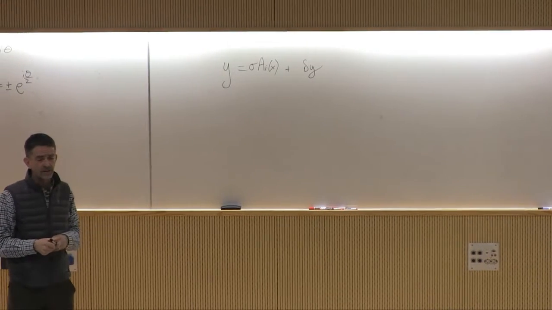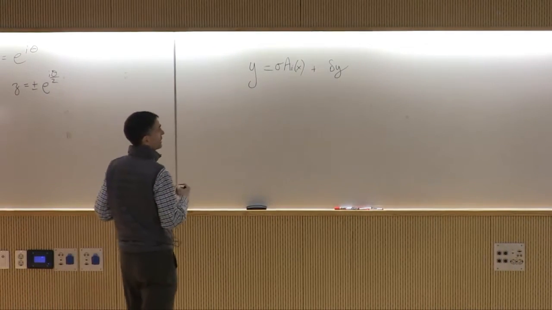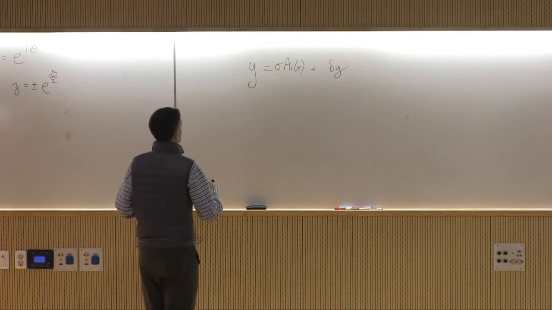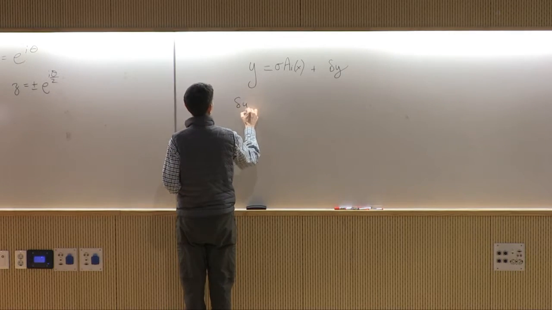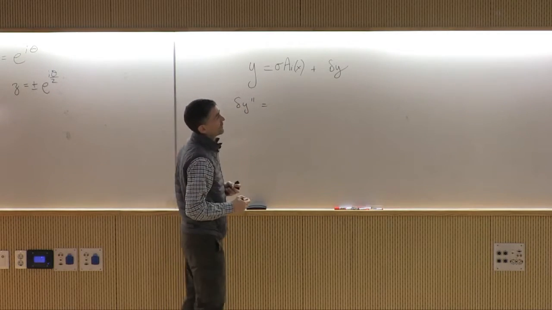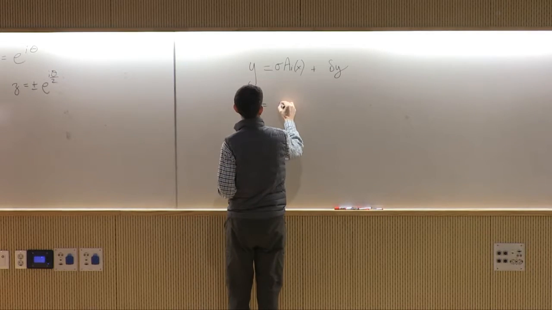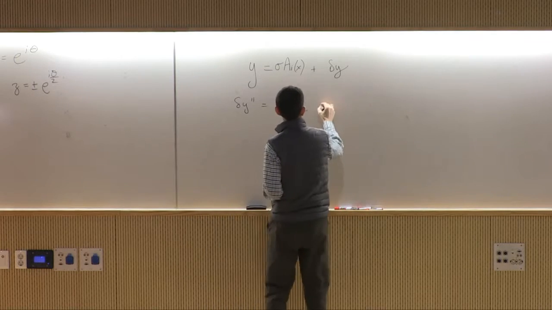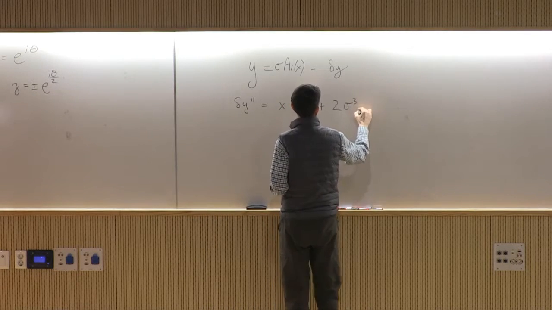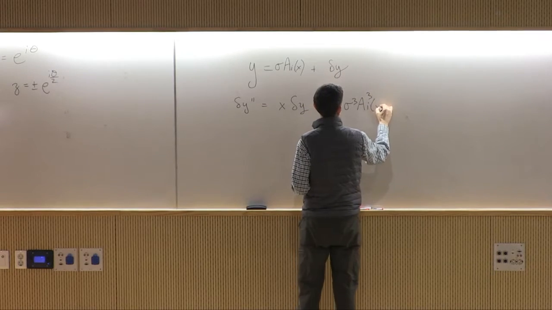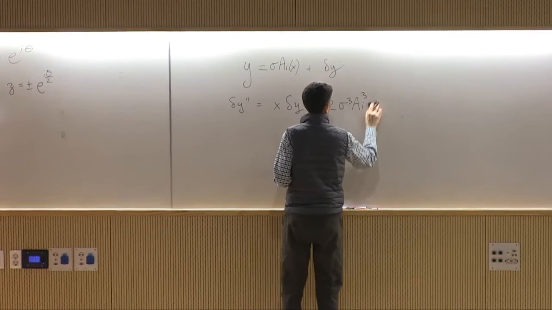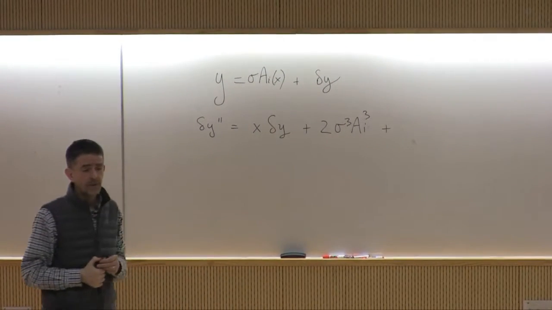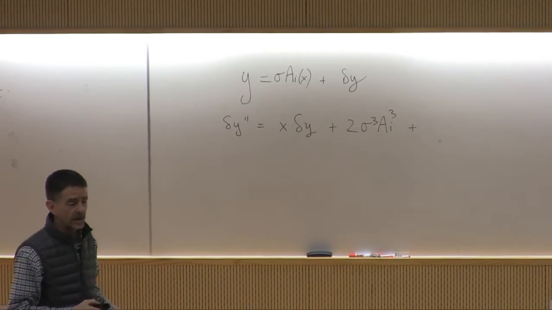So now let's plug that into the differential equation and expand to linear order in the much smaller quantity. And you learn that delta y double prime is equal to x times delta y plus 2 sigma cubed Ai cubed, plus, etc.